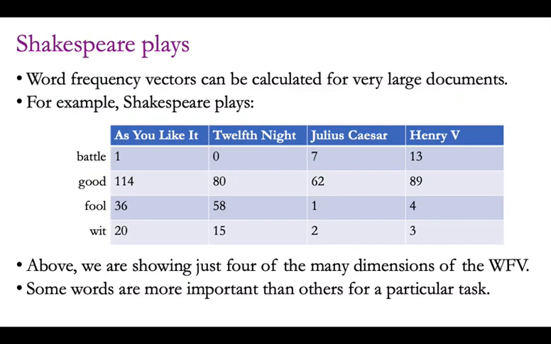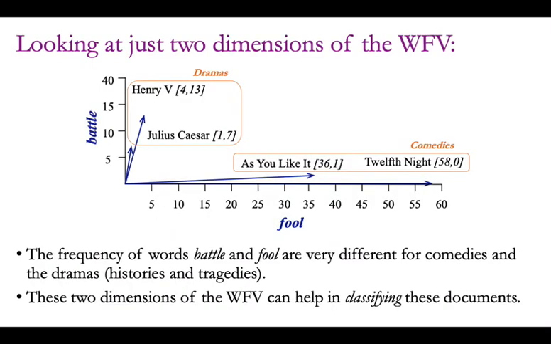The word frequency vectors would include lots of other entries, but I'm just focusing on 4 that have different types of values, or are illustrative. The word good has roughly the same values, but anyway. Depending on the task at hand, different dimensions of this word frequency vector are going to be important, but clearly you can make some use of this to do analysis.